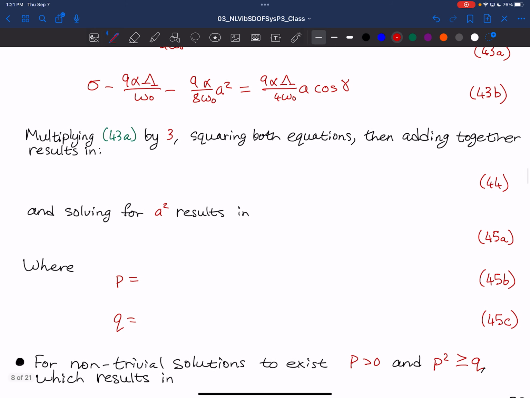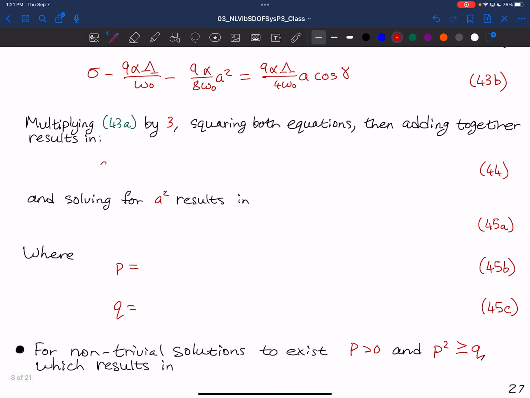And then this results in the following, that 9c squared plus the quantity sigma minus 9 alpha lambda over omega 0 minus 9 alpha over 8 omega 0, squared, is equal to 81 alpha squared lambda squared over 16 omega 0 squared times a squared.